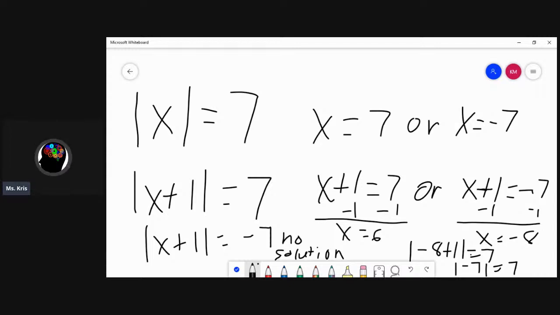And the absolute value of 7, meaning how many units from the left, is 7. The answer, of course, is still 7. Always remember, your absolute value, whether it's positive or negative, will remain positive. Always.